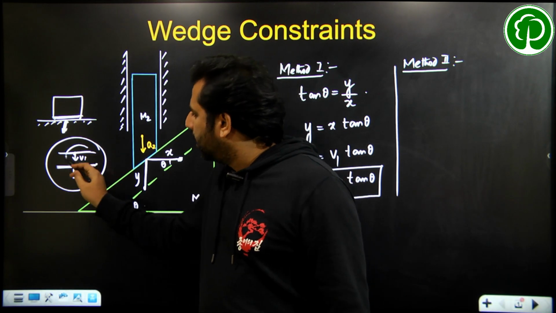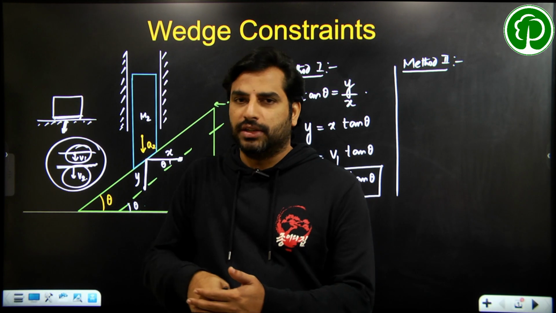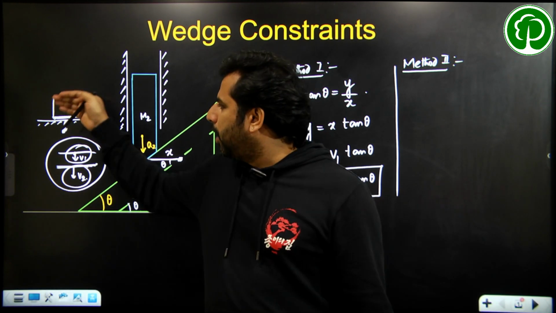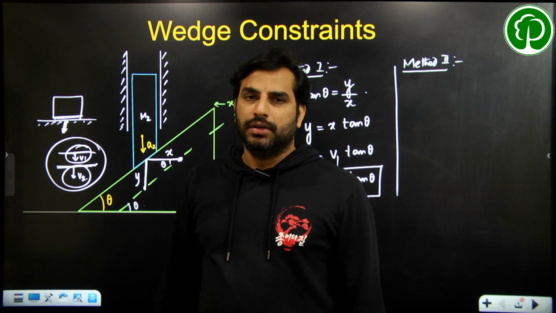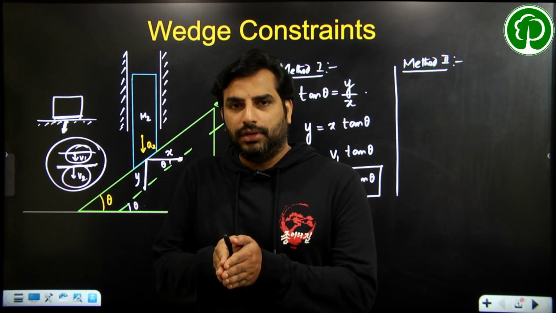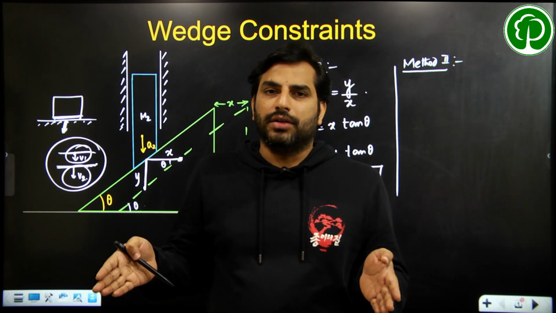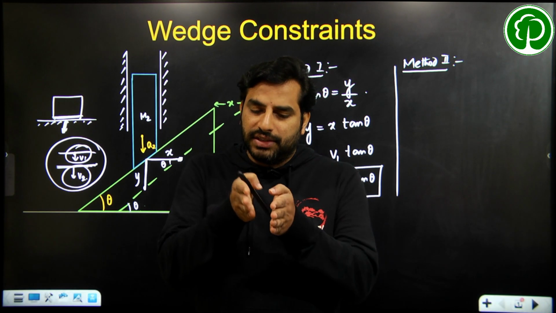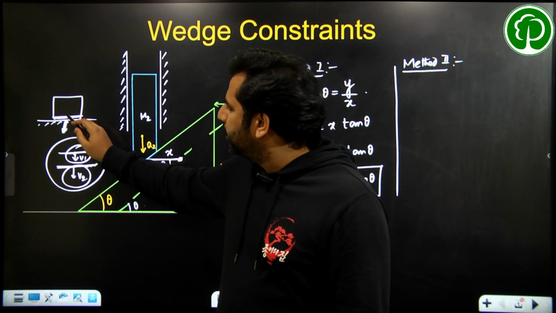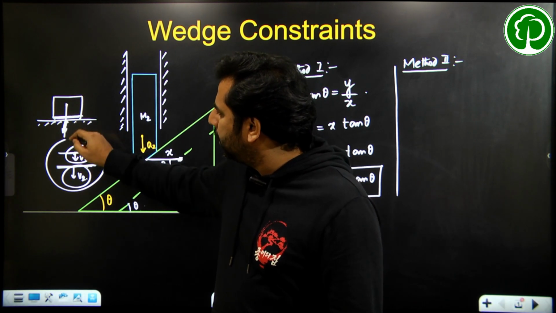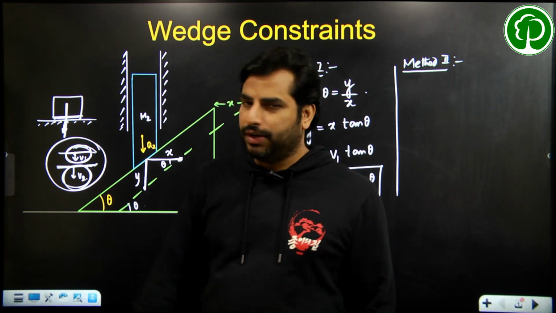If the velocity of the block surface is more than the platform surface, then one is going into the other. The block will break the platform and go into it. So neither are the surfaces getting separated from each other, nor are they going into each other. If they are just remaining in contact, then the components of their velocities along the normal to the surface should be equal. So v1 is equal to v2.